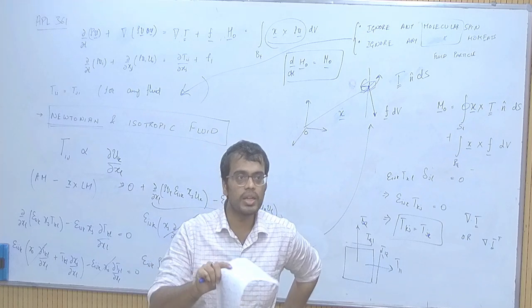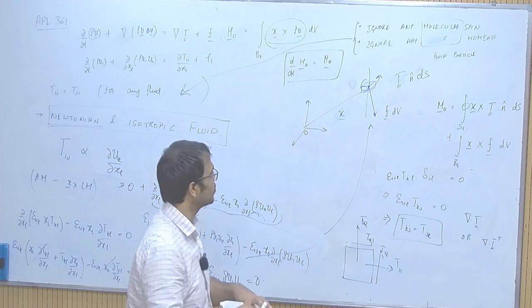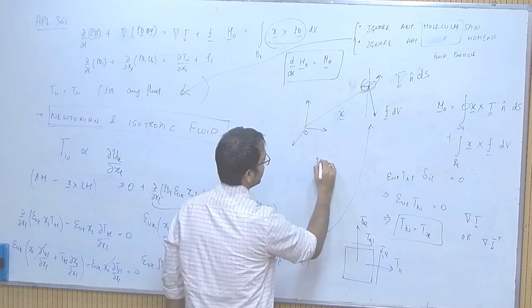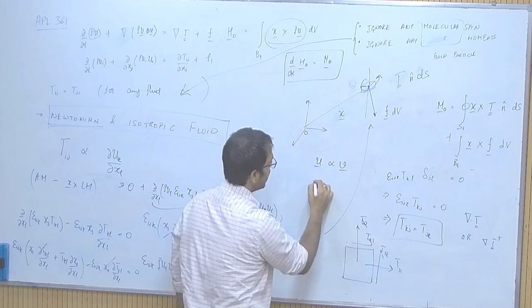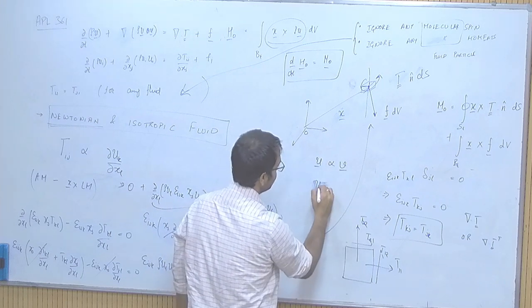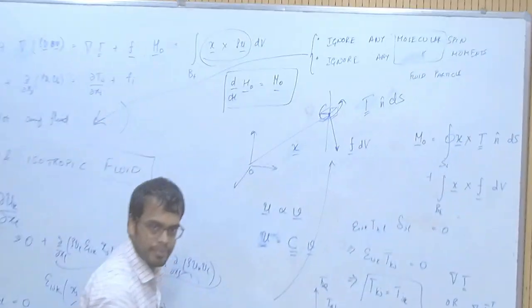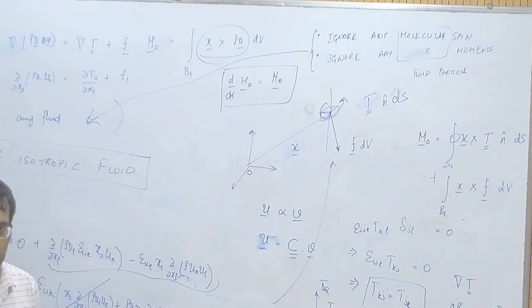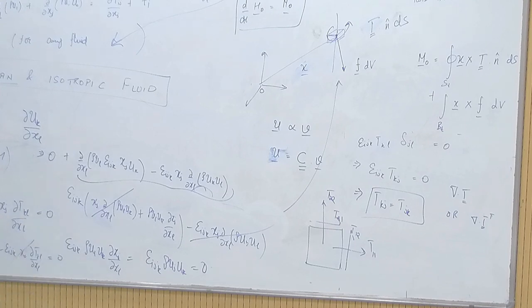So the most general way of saying a proportionality between two vectors is, if I tell you that u is proportional to v, then what you should write is u equals some second order tensor times v. So if you have two second order tensors, what is the most general way of saying proportionality between the two? Fourth order tensor.